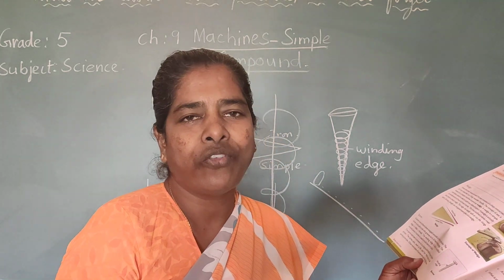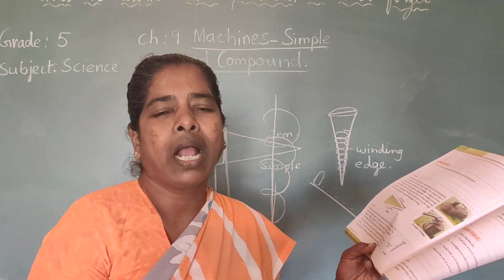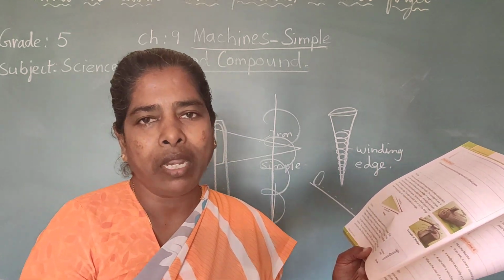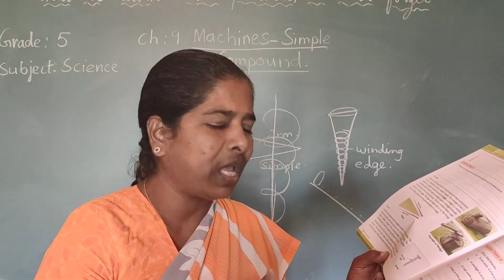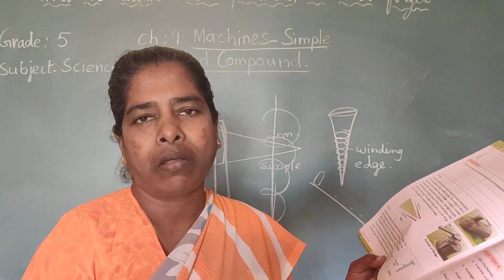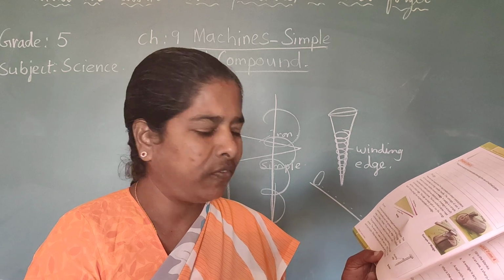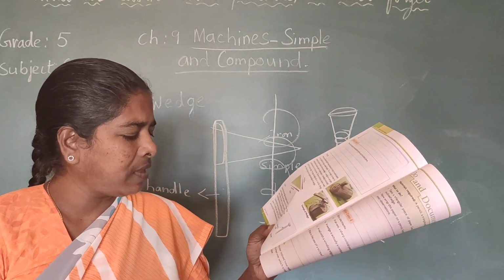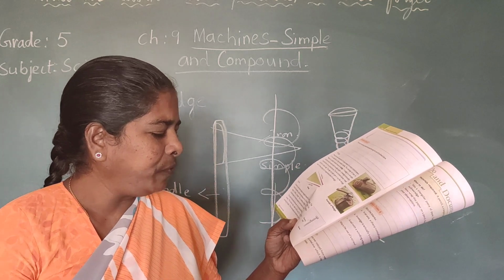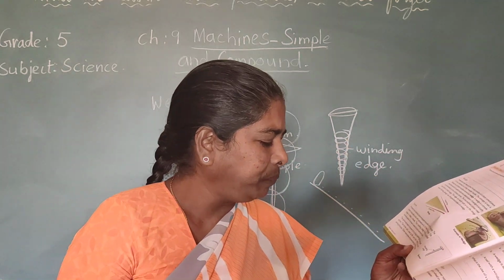When the car is having any problem, they will use this screw jack and lift the car, and they remove the tire or check any damage and repair it. All these examples are working on the same principle, children.